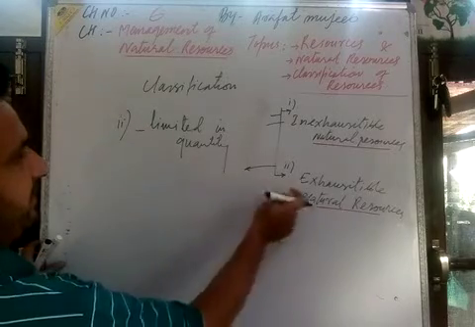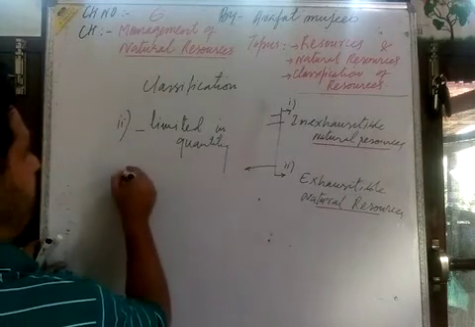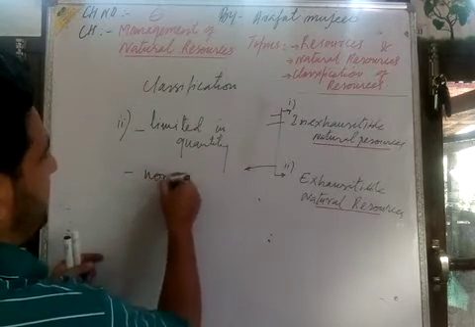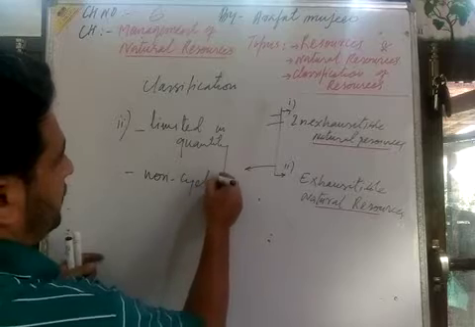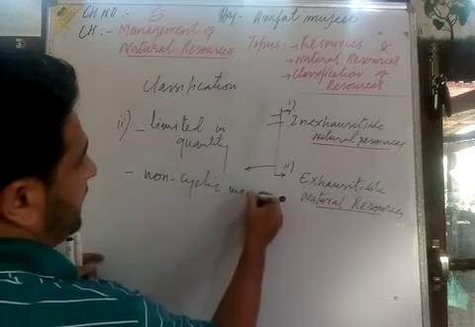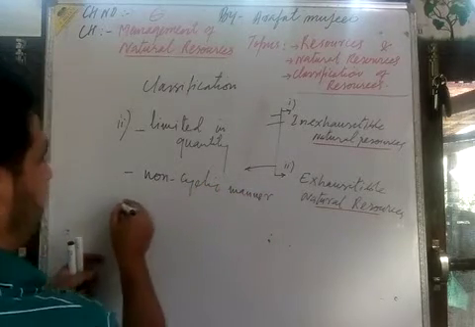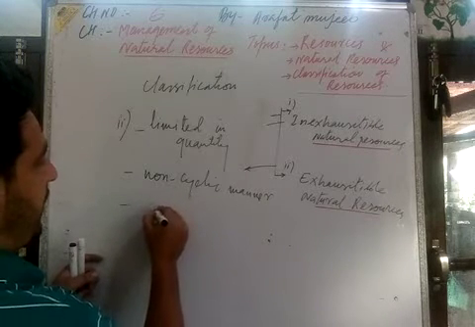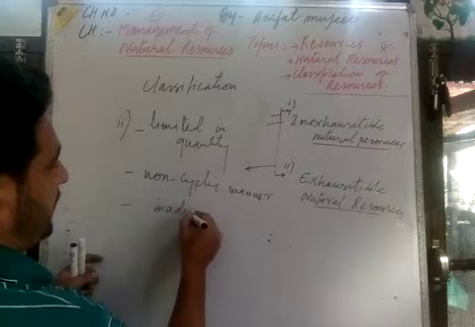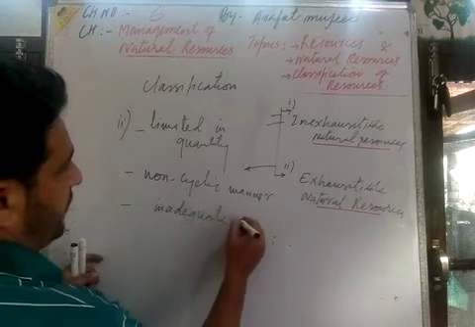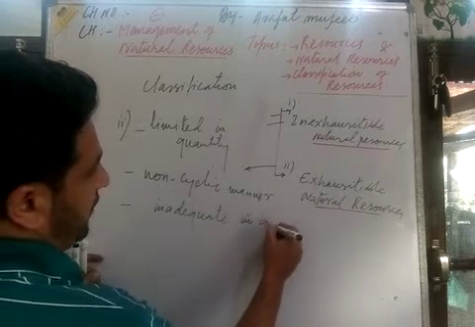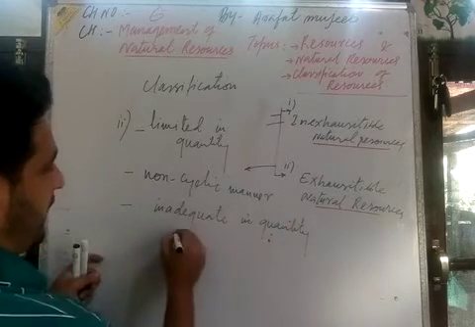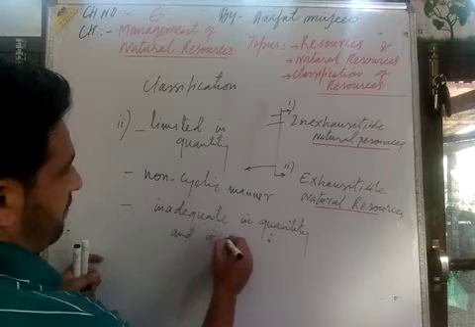In the second, they are in a non-cyclic manner, there is no cycling process, and so they are inadequate in quantity and in number.